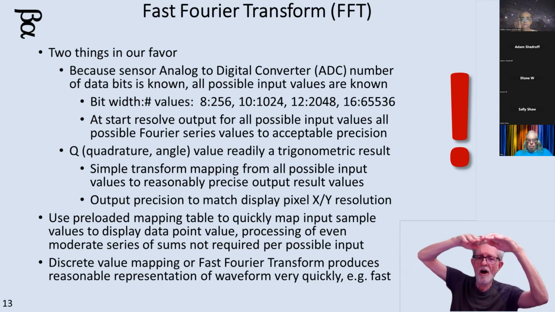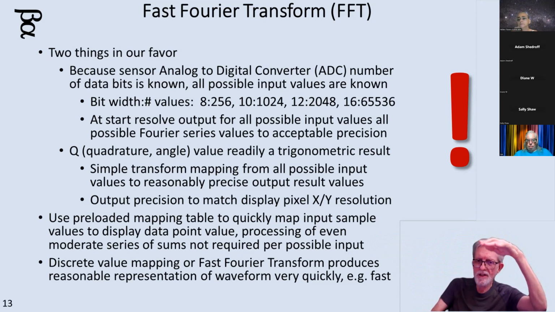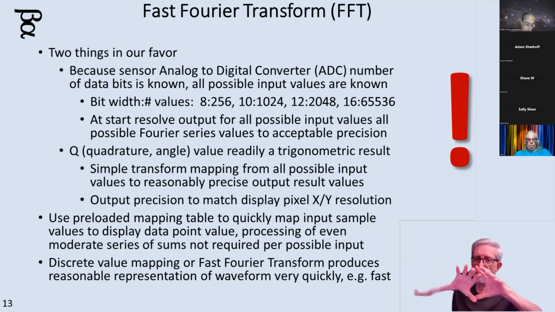And then I'll do that for the entire set of values. So now I have a way of just going, if the number is this, the output is that. If the number is this, the output is that. So when I'm plotting or displaying the data, it's just a set of discrete values. Here's the input, there's the output. There's very little math actually being done to do the live transform.